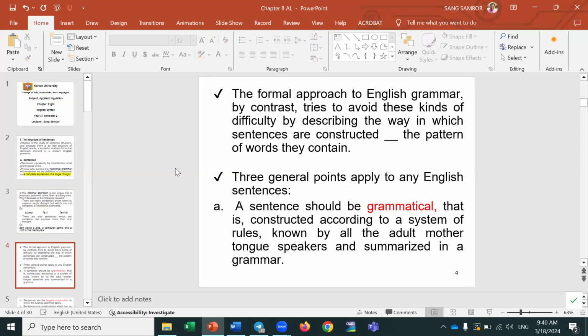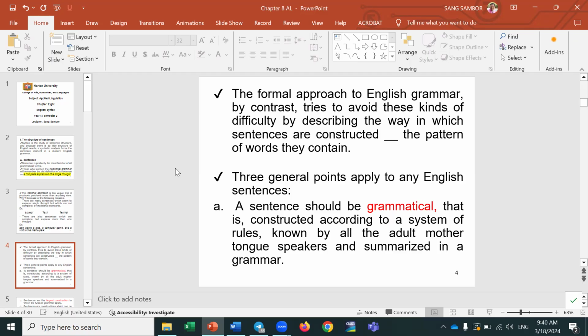Okay, let's just move to another one. The formal approach to English grammar, by contrast, tries to avoid these kinds of difficulty by describing the ways in which sentences are constructed, the patterns of words they contain.